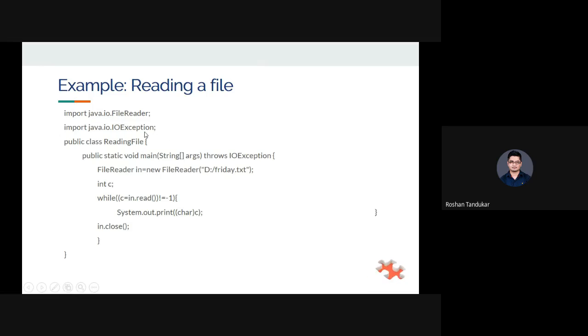If there are any mistakes, then to handle that you have to use IOException. Now you are defining the class: public class ReadingFile. Now another part is: public static void main(String[] args) throws IOException. This part is new for you. If you have checked this properly, it is written: throws IOException. Throws means what? This is a part of exception handling, which will be taught to you in the next classes. In other classes you are going to study about that one.